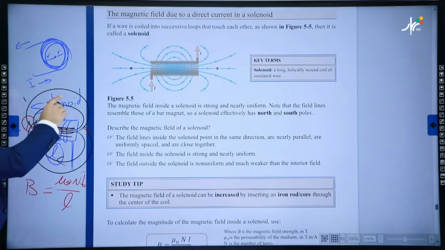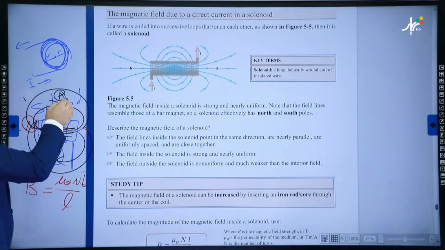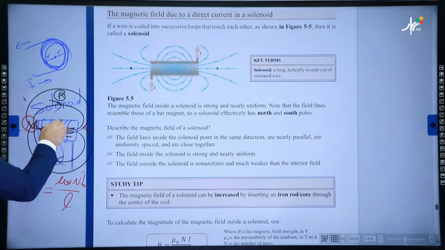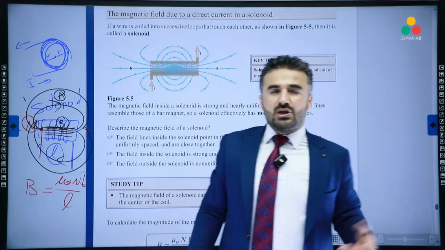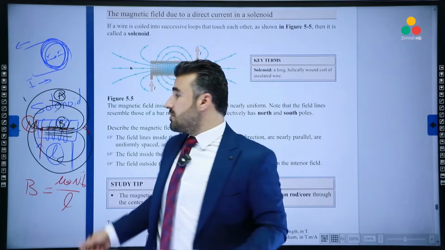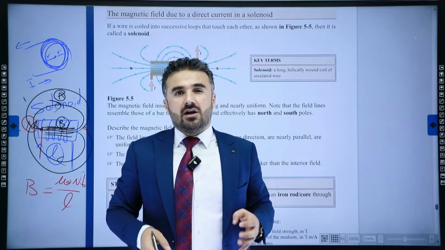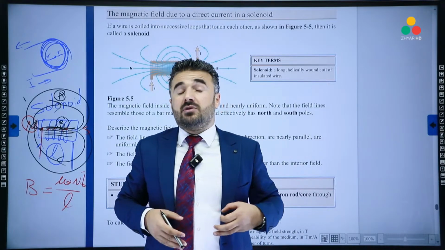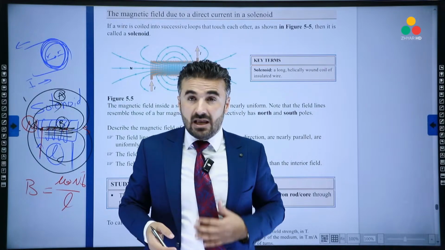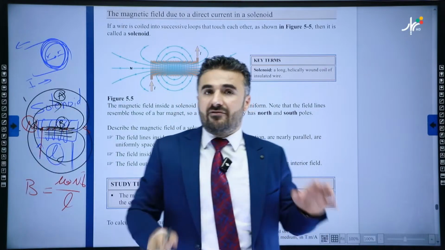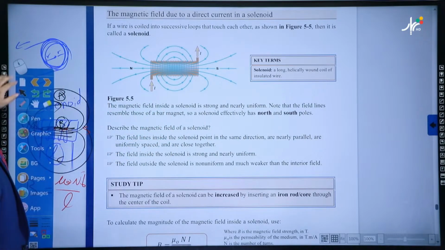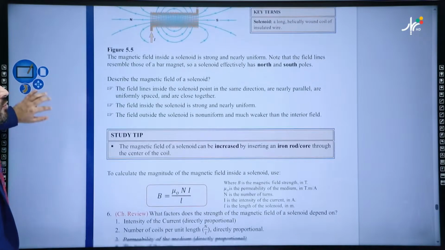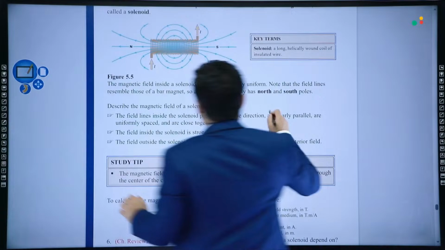So if I place an object first at point A, second at point B, in which of these locations will the object be pulled stronger? Of course, at point B, because you can see the magnetic field lines are closer. That means a stronger magnetic field. Here, less strong. Now, based on this, we're going to go through some points which are very important for you to know very well.